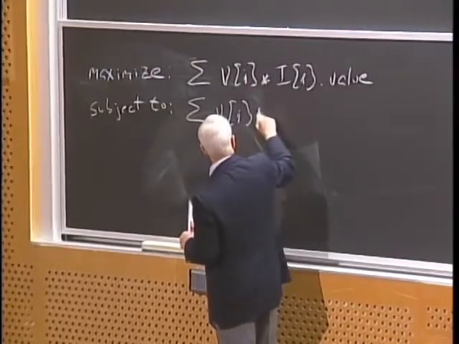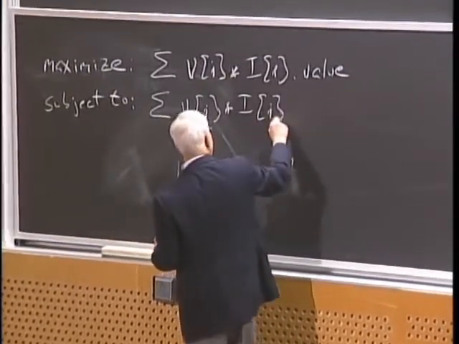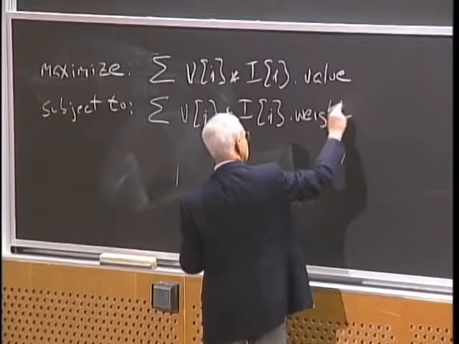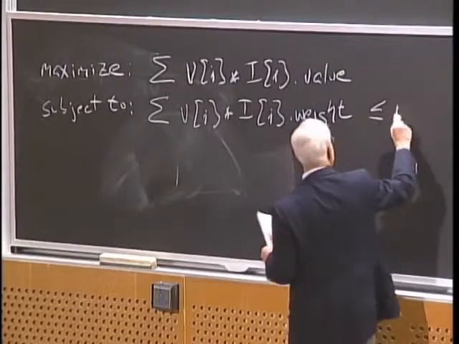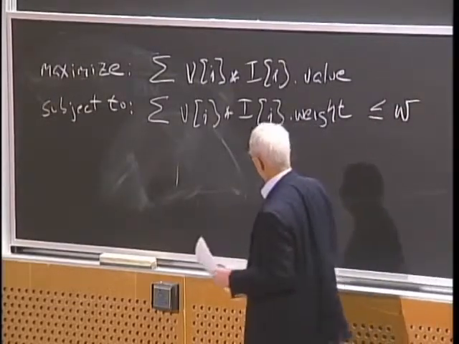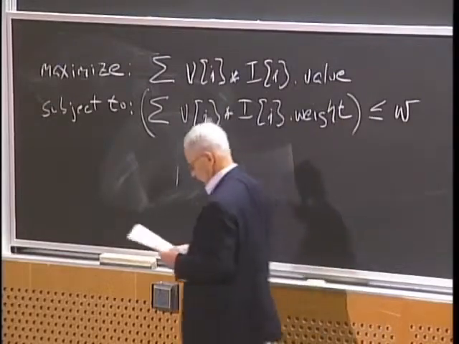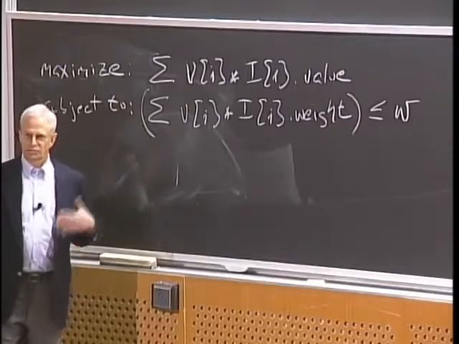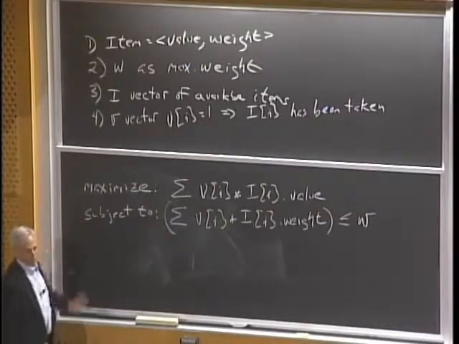V sub I times I sub I, but this time dot weight is less than or equal to W. Straightforward, but a useful kind of skill.